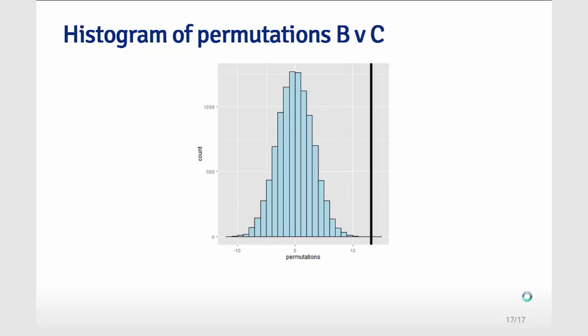So the fact that we see a -10 means that when we permuted group labels, we saw test statistics as low as -10. What I put here as a vertical line is the observed statistic, and you'll see it's way far out in the tail of our null distribution, suggesting that likely the null distribution is not the correct true distribution, and that B really is very different from C. I think we can just see that from the histogram, but now we can quantify it with a p-value and we can perform a formal hypothesis test.